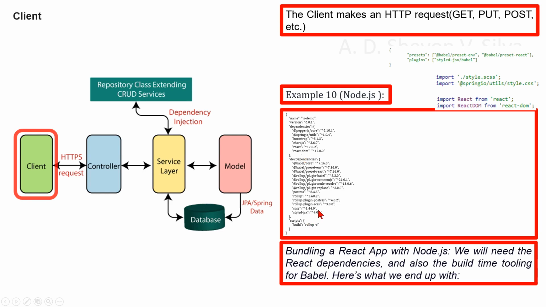Here's what we end up with. We need the CommonJS plugin because React is not packaged as an ESM, and the import will not work without doing some conversion. The Babel tooling comes with the config file .babelrc, which we use to tell it to build the JSX and React components.